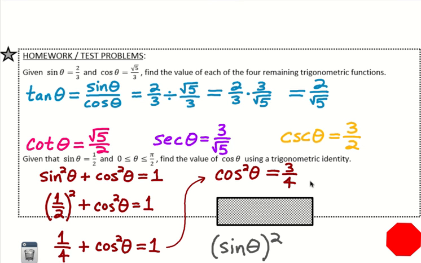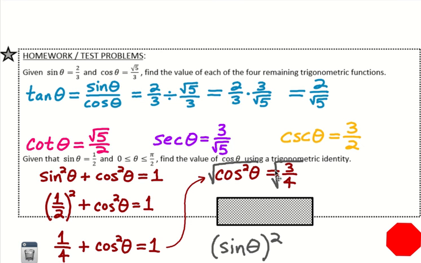How do we take that and end up with just cosine of theta? How do we make cosine squared of theta into just cosine of theta? Well, by taking the square root of both sides.